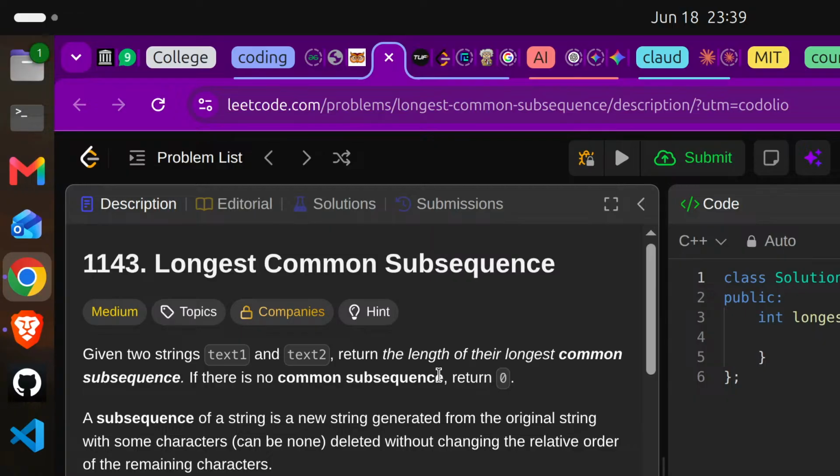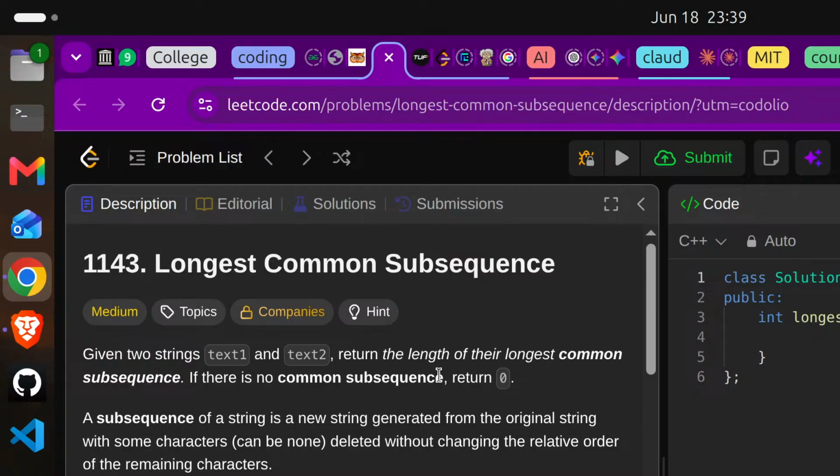Before that, can we make this recursive solution work here? Let's see.